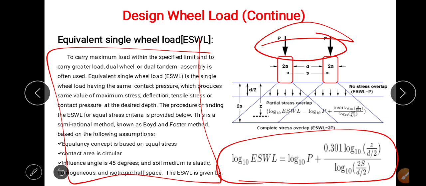Suppose d is the spacing between the inner walls of the tires as shown, and S is the center to center spacing between the two tires. Then theoretically we can calculate ESWL with the help of this figure and this formula. We have to plot a graph also on semi-log paper, taking Z as the depth on the x-axis, that is the abscissa, and P, the wheel load, on the y-axis, that is the ordinate.